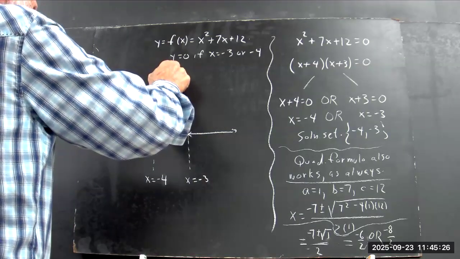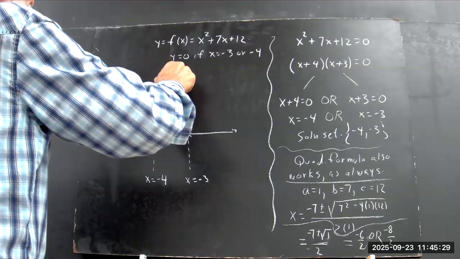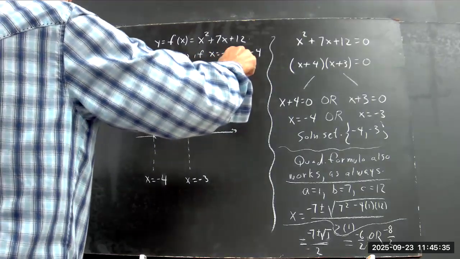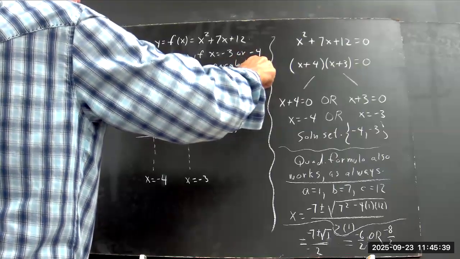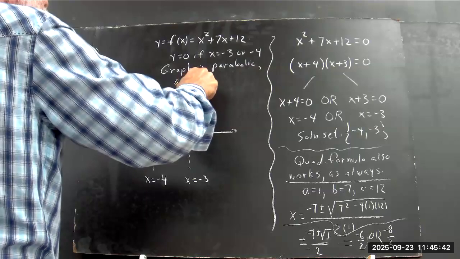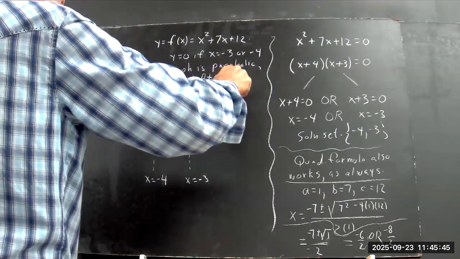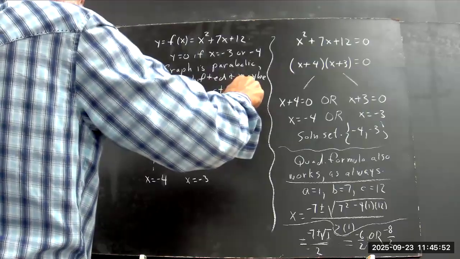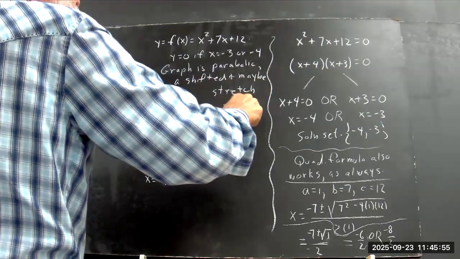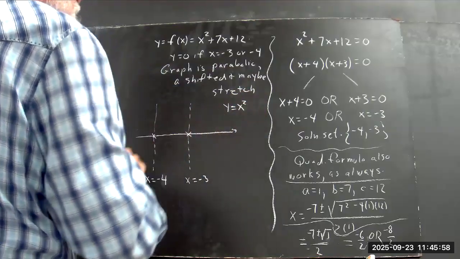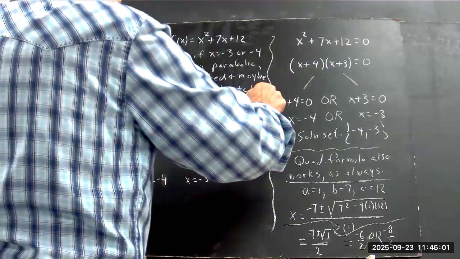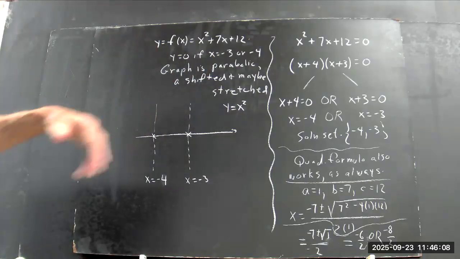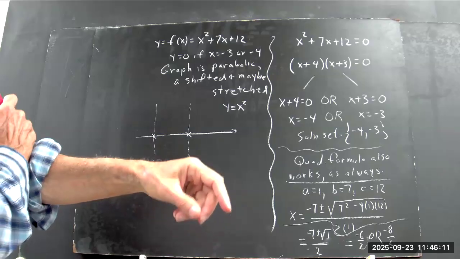Graph it's a shifted, maybe stretched, and maybe reflected about the x-axis as well. I didn't mention that, but you get the idea.